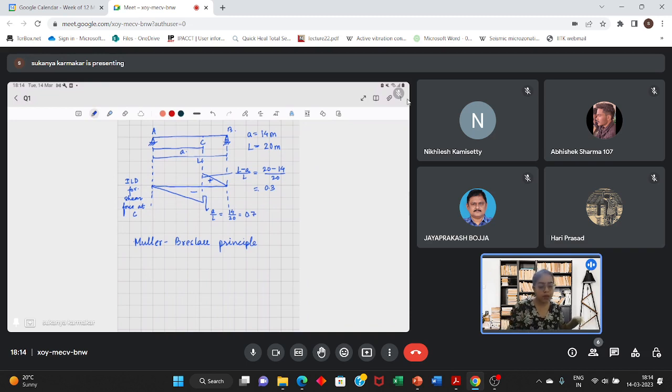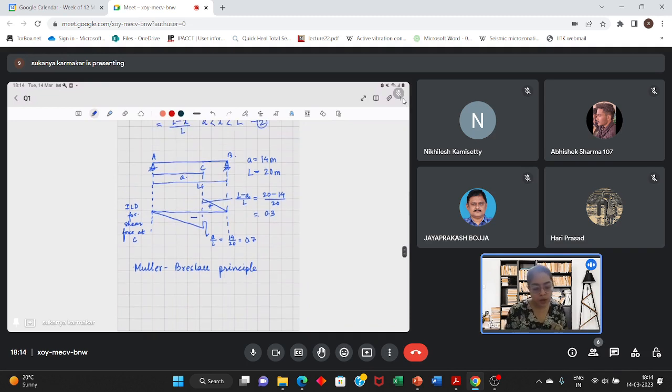Suppose you have to draw in this beam the ILD for RA. Then you will remove the restraint at A, and you have to draw the ILD for the vertical reaction at support A.